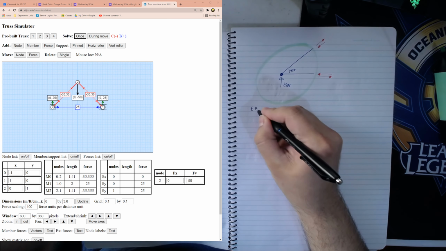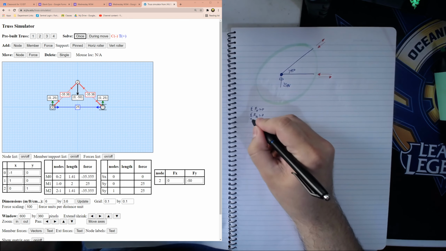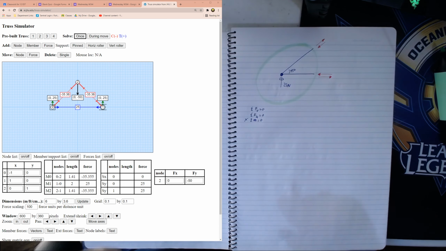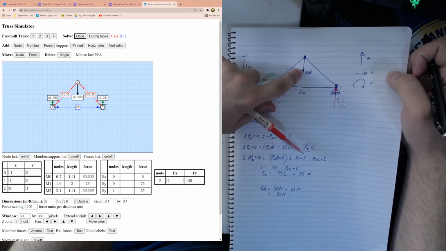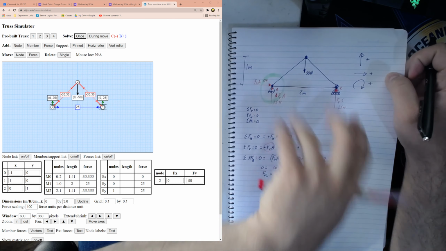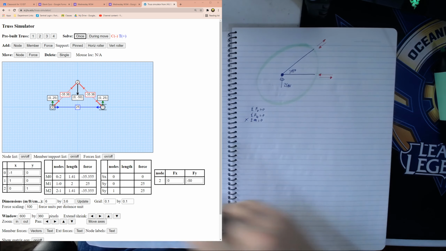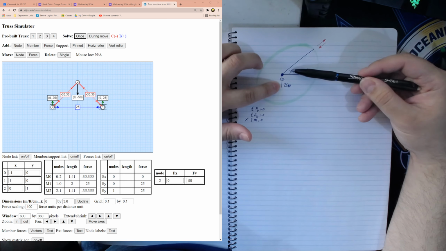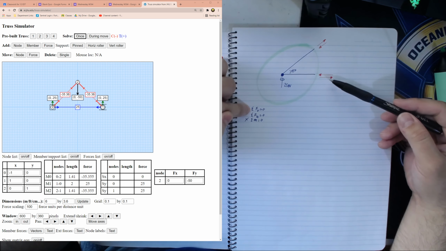So the sum of all forces vertical equals 0, the sum of all forces horizontal equals 0, and we can do the sum of all moments equals 0, even though we're not going to use this last one for this particular problem. Just like we did with this question, if we have a force going down here, in order for it to equal 0, there has to be some force going up. Because if we have negative, something has to be positive for us to get to 0. By that same reasoning over here, this is a 25 newton force going up, so we need something to go down in order for our sum of all forces vertical to equal 0.